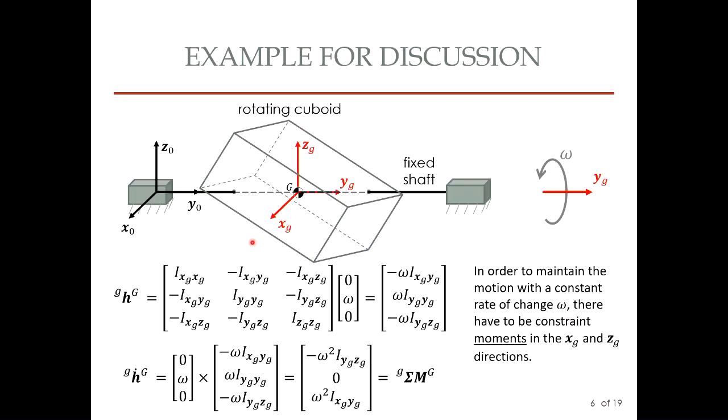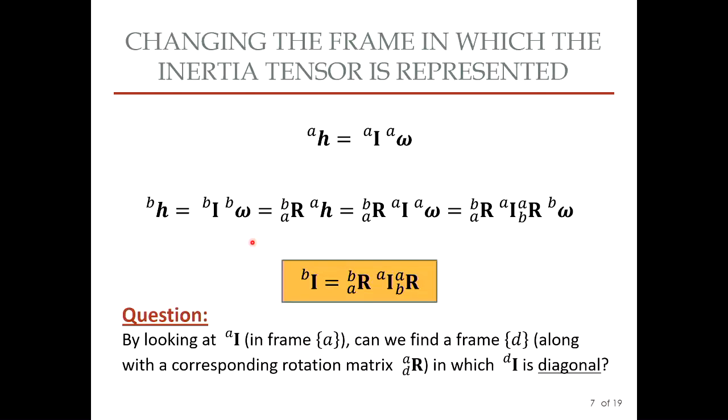All right. Before we move on, I want to do some simple algebra to demonstrate this formula of how to transition from an inertia tensor expressed in one coordinate system to an inertia tensor expressed in another coordinate system.